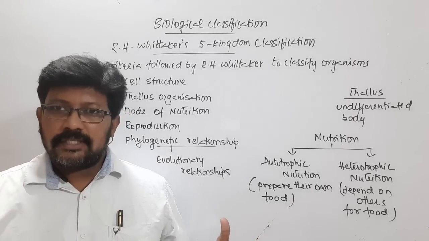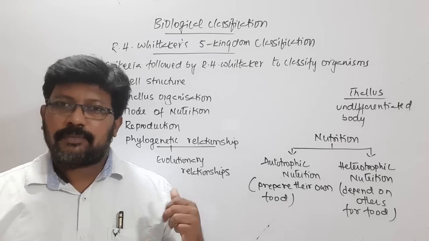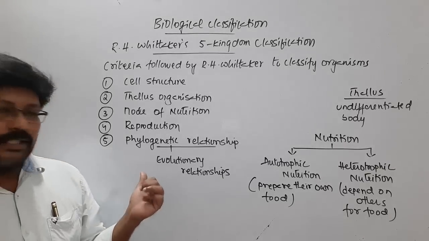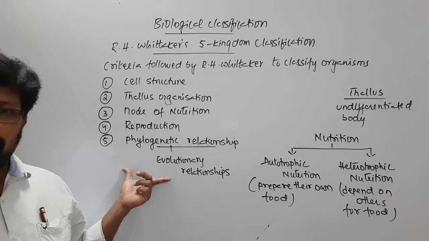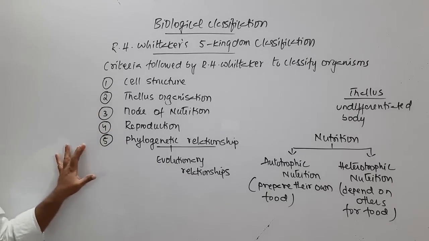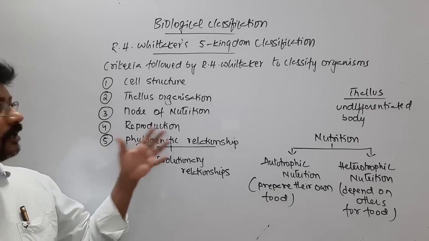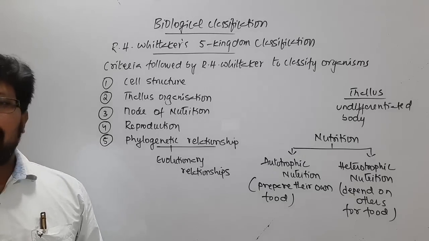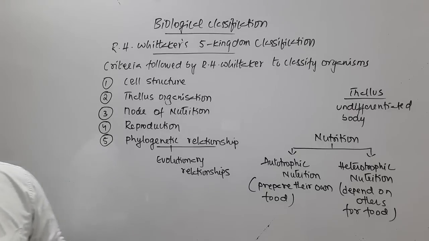So we need to consider that evolutionary relationship for the process of classification. R.H. Whittaker even considered that phylogenetic relationships. These are the main points that he considered for classifying all the organisms into five kingdoms. So now let us see his classification.